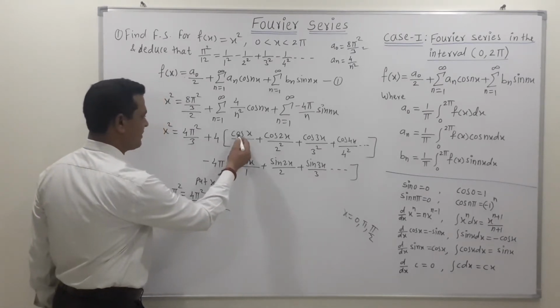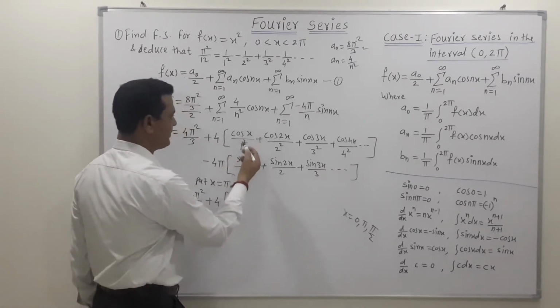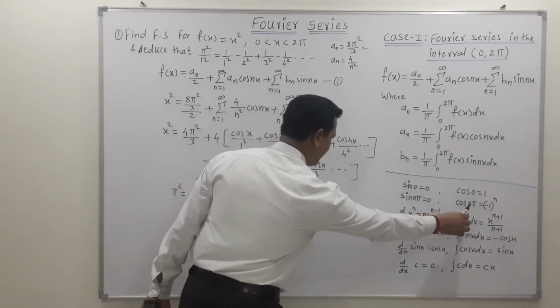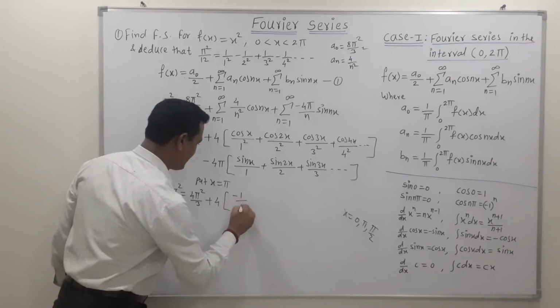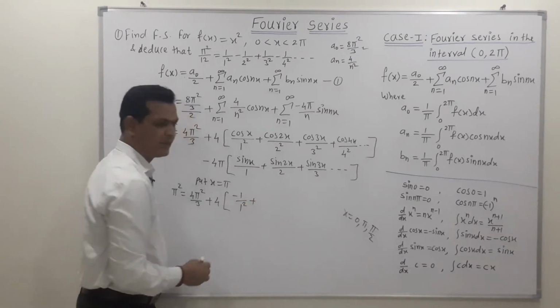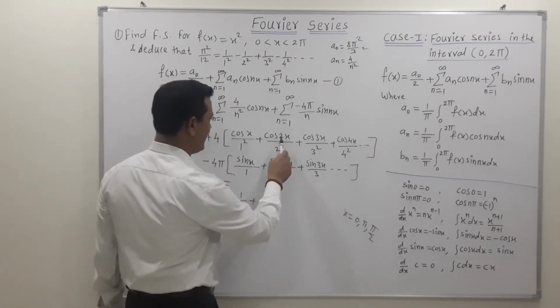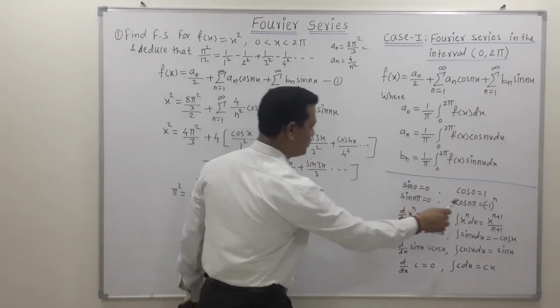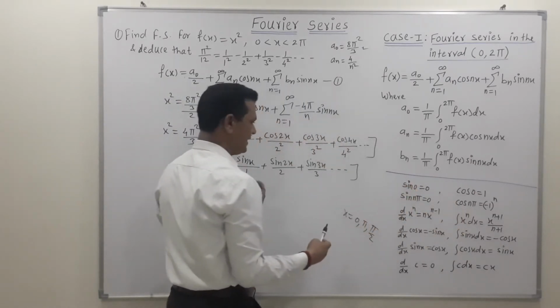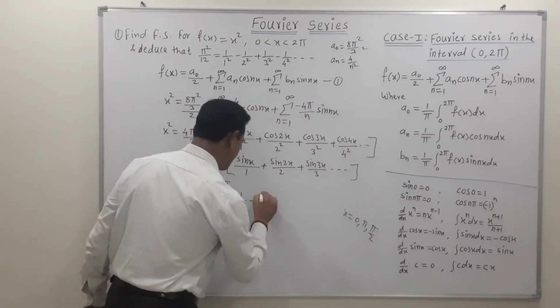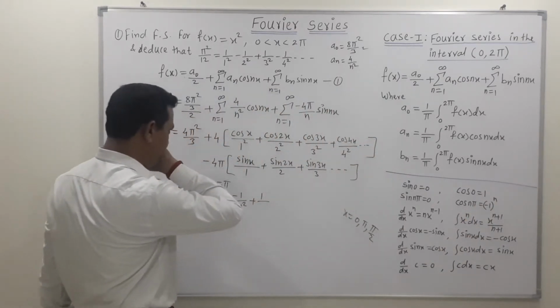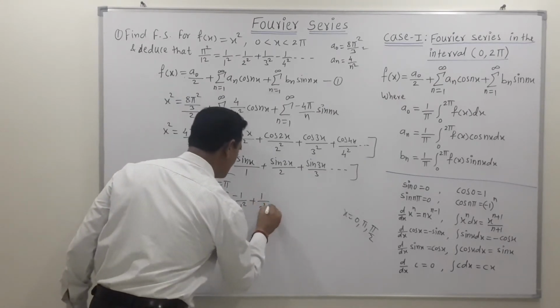So putting x is equal to pi, we get cos of pi, which is minus, so this is minus 1 upon 1 square. Then if we put n is equal to 2 here, we get minus 1 raised to 2, which is an even power, so the answer is plus, so we get 1 upon 2 square.